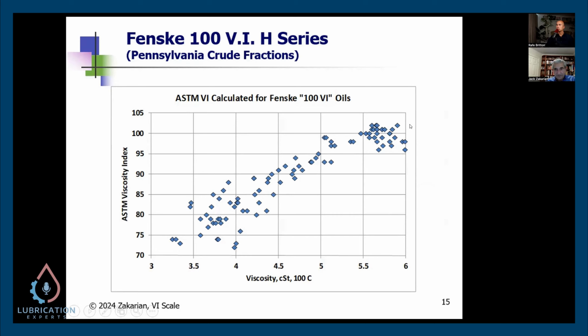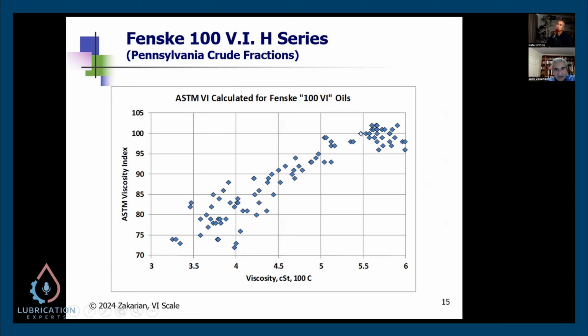And I cut this off at 6 centistokes, but if you continue this all the way out to 180 centistokes, what you find is that all of Fenske's oils cluster around 100 VI. The problem occurs when you get to about 5.5 centistokes. Anything below that, the ASTM VI gives you very low numbers. So an oil that's supposed to be 100 by definition, the reference 100, by ASTM calculation ends up being much lower than 100. And this is highly significant.